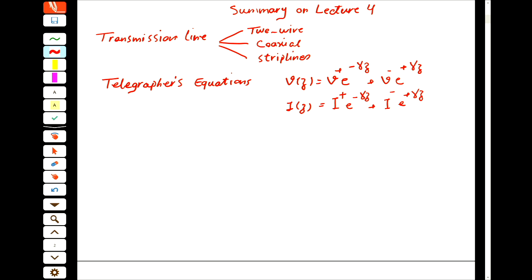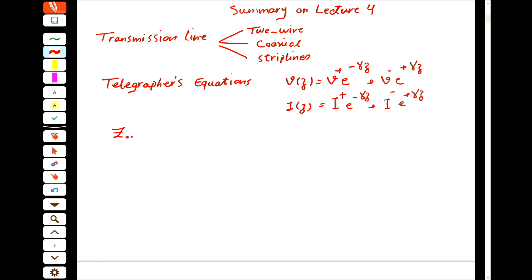And then we said that V plus and I plus relate to the forward traveling wave, and V minus and I minus are backward traveling waves. Then we defined the intrinsic or characteristic impedance of a transmission line as Z naught.